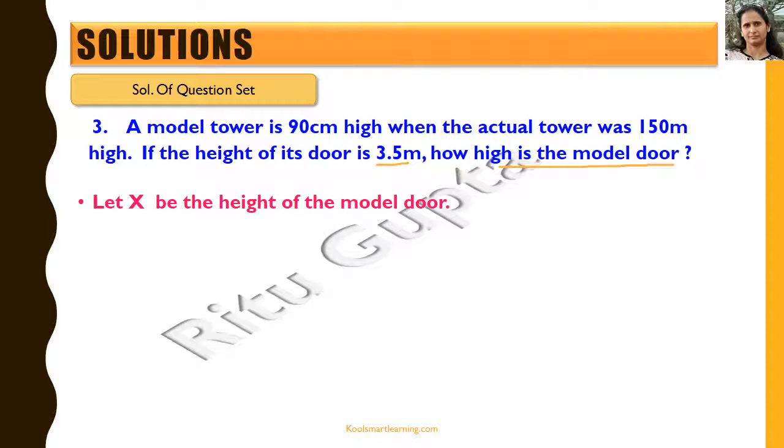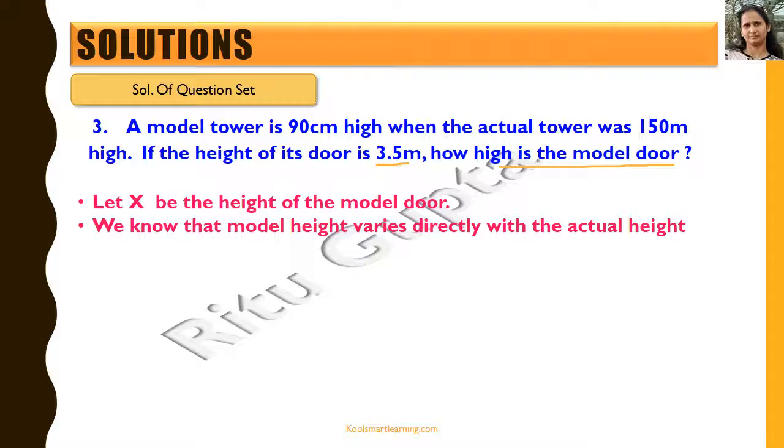Now let's assume x to be the height of the model door, and we know that the model height will be directly proportional to the actual height. So we say that actual height divided by the model height would be constant, or we could also say the model height divided by actual height would be constant.